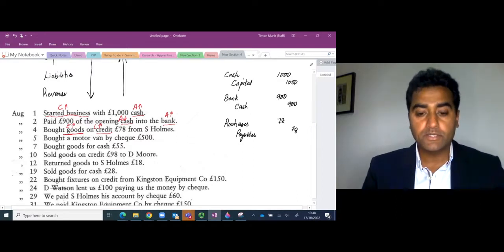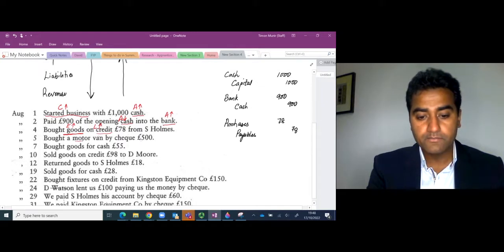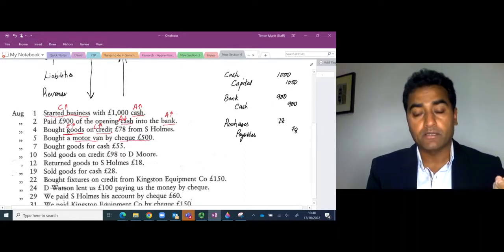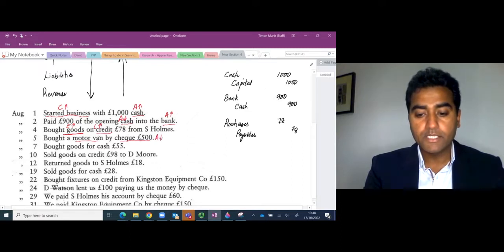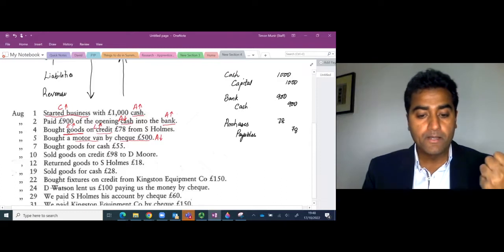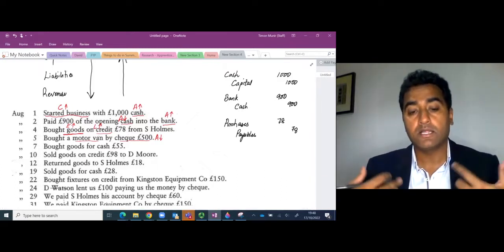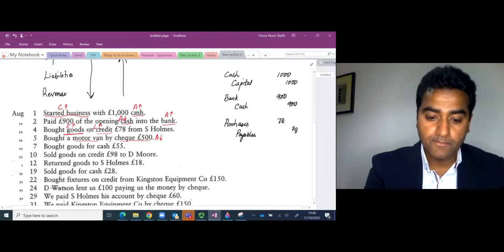In the next transaction you can see that I have motor van and I'm paying by cheque. So bought motor van by cheque. Cheque means bank, which is an asset, and the money is decreasing from my bank account, meaning the asset is decreasing. And motor van is coming into my business, which is an asset, and that asset is increasing.